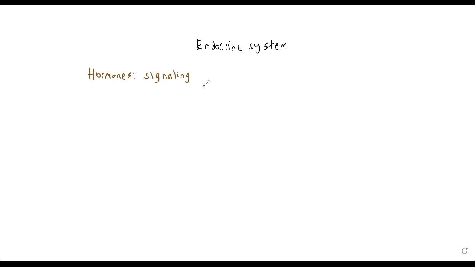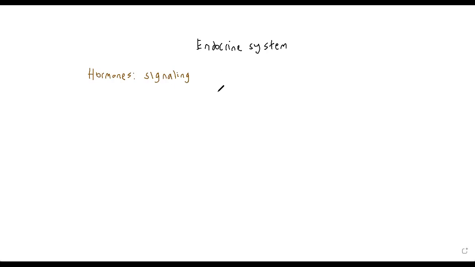One cell will release a signal. The signal will go to cells specially designed to receive it, and that signal will tell the cell to do something, either make something, stop making something, and so forth.